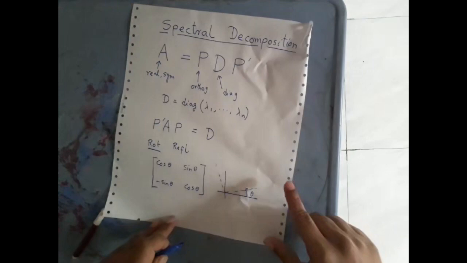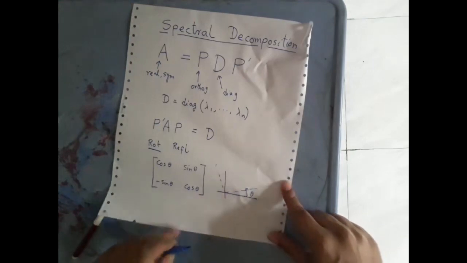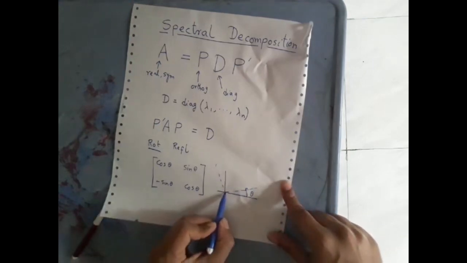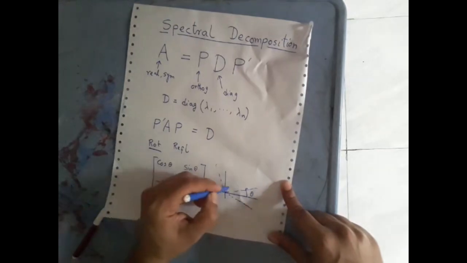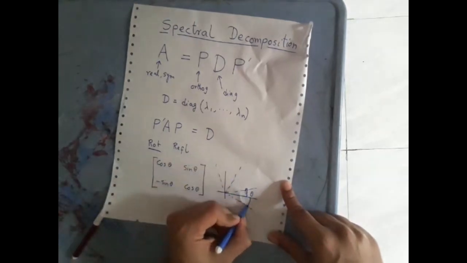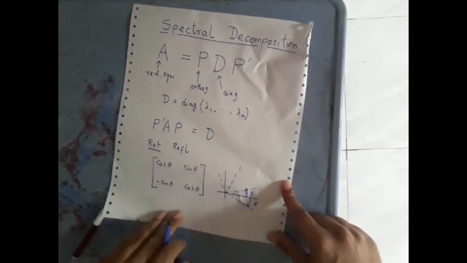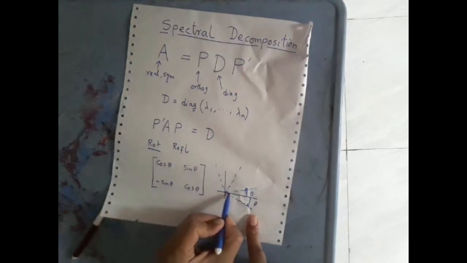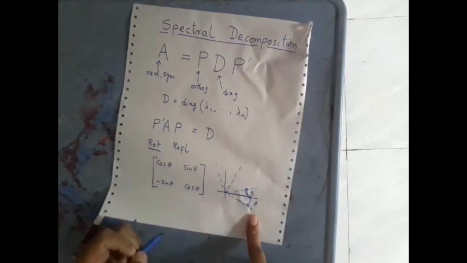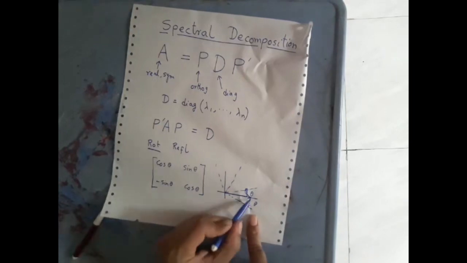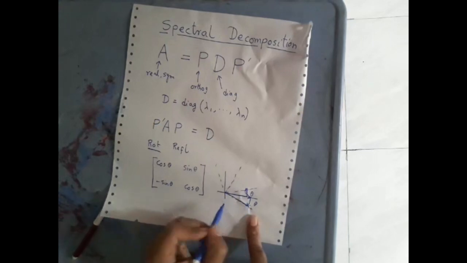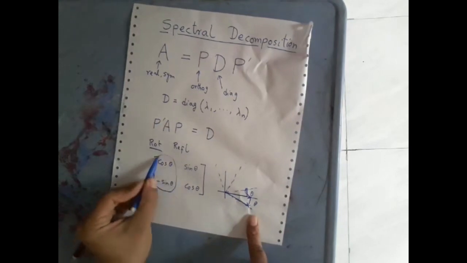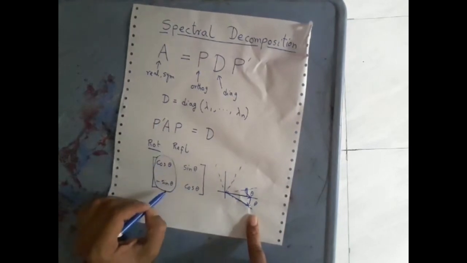I did not say the right thing here. So if I have to rotate it like this, that is, you have to rotate it by theta in the clockwise direction. How did I understand that? Because if I consider the first basis vector E1, then E1 comes here, so you can see that its x coordinate is positive and y coordinate is negative, and that is the first column here.